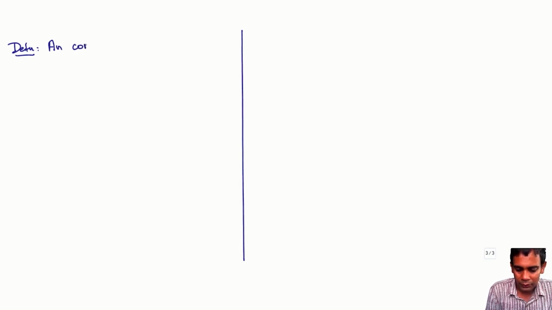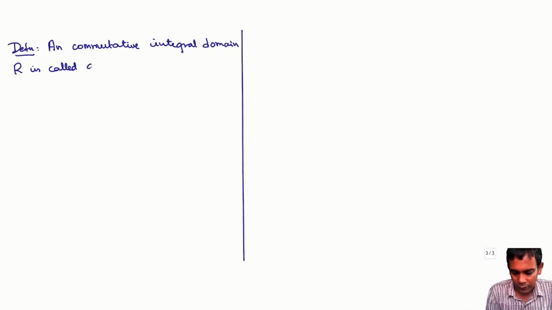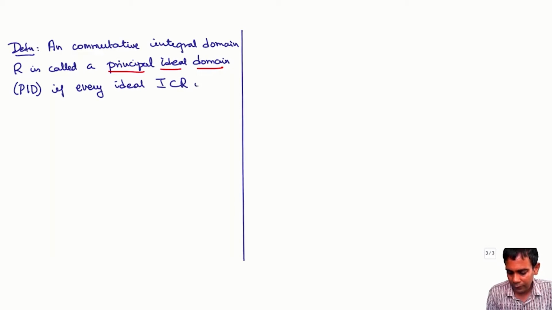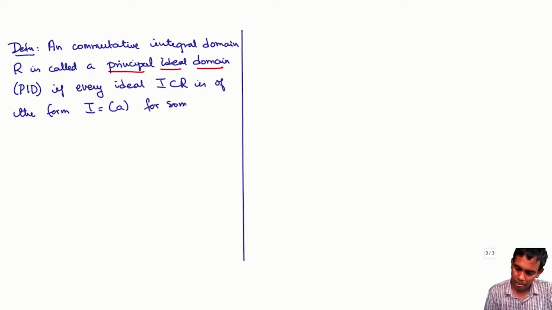An integral domain, a commutative integral domain, R is called a principal ideal domain, usually abbreviated to PID, if every ideal I of R is singly generated, that is, generated by a single element a for some a in R. Okay, and as I just said, all Euclidean domains are principal ideal domains.